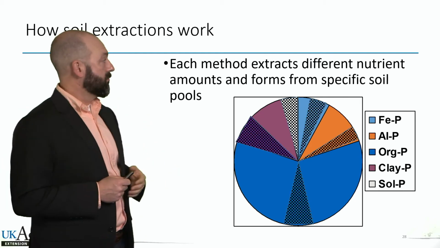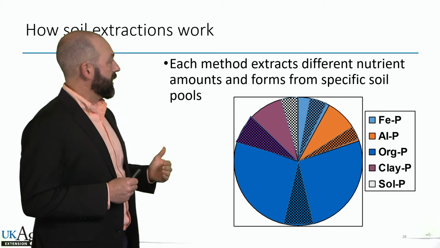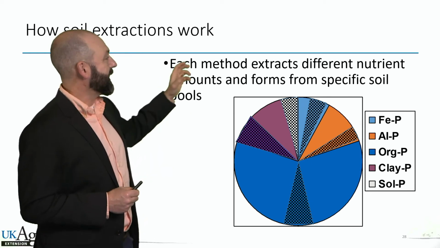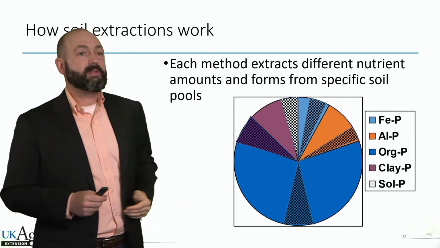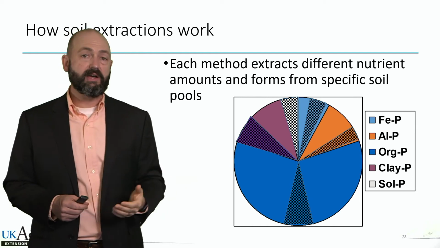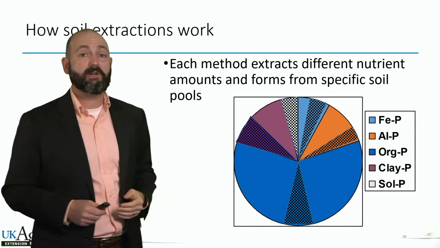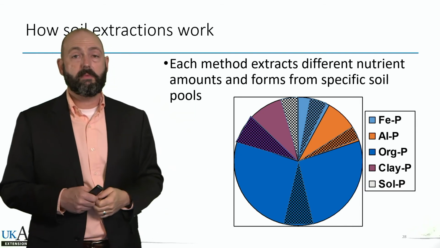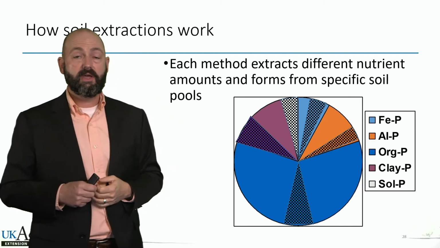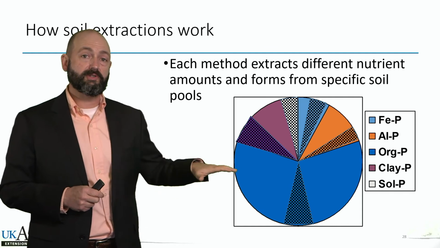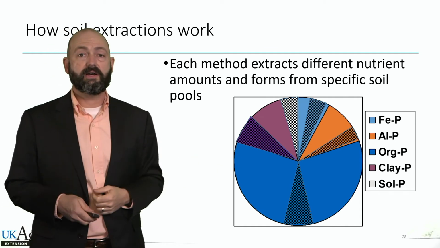And so Mehlich 3 is a pretty aggressive extractant, and so it's going to take a lot out of each of these different pools, whereas something like Bray isn't as aggressive, and it's going to take less, and modified Morgan is going to take even less. So that's why you get a much lower number or value back from a modified Morgan test that's used up in the Northeast New England states versus Mehlich 3 that we use here in Kentucky.